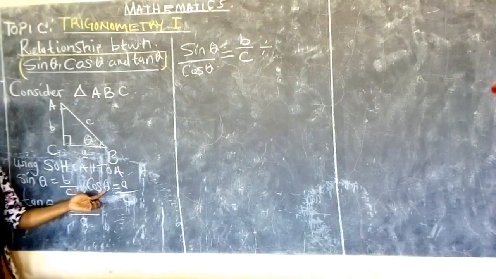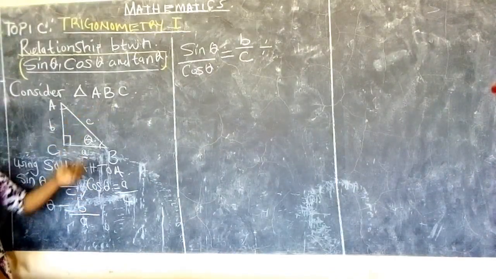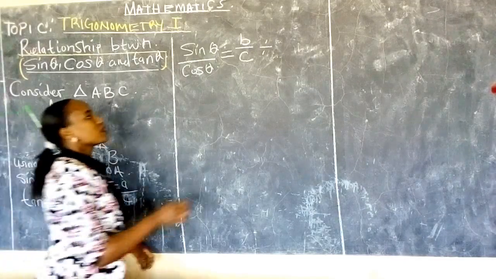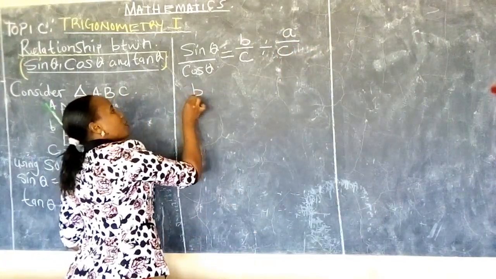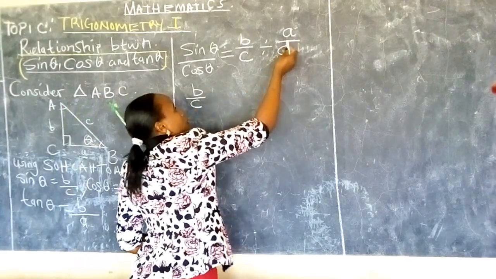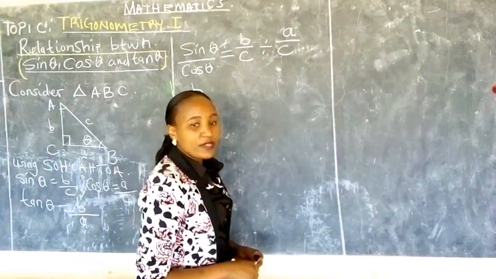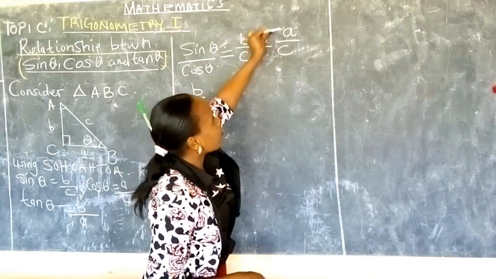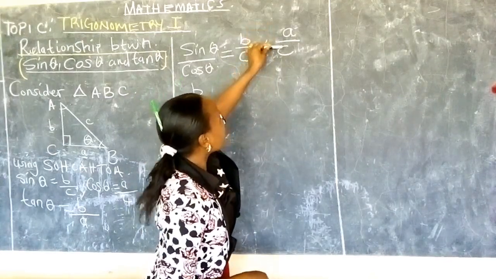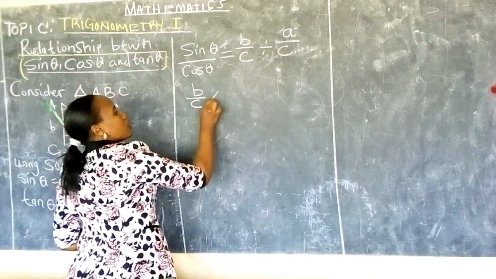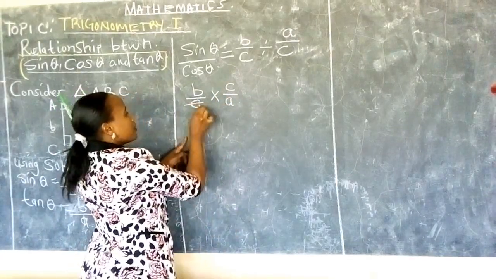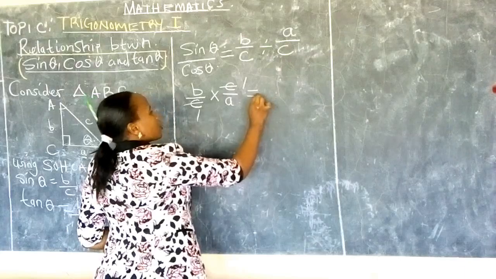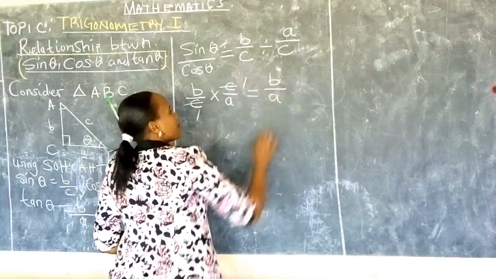Cos theta, in reference to this triangle ABC, is A over C. To get the reciprocal of A over C means the denominator becomes the numerator and the numerator becomes the denominator. We multiply by the reciprocal of A over C. Then, by simplifying, we get B over A.